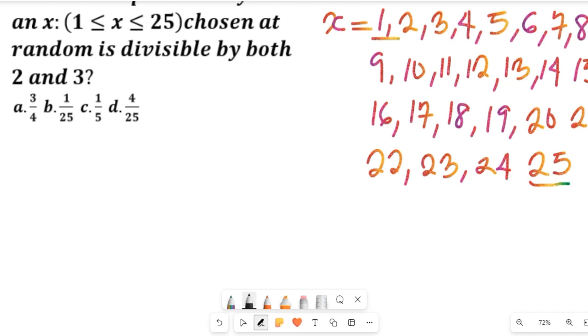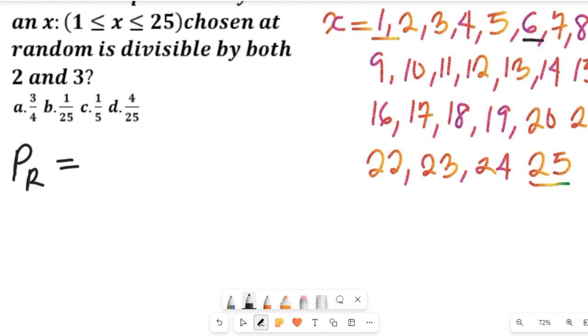The required outcome is the numbers that are divisible by both 2 and 3. Now let's select numbers that are divisible by both 2 and 3.